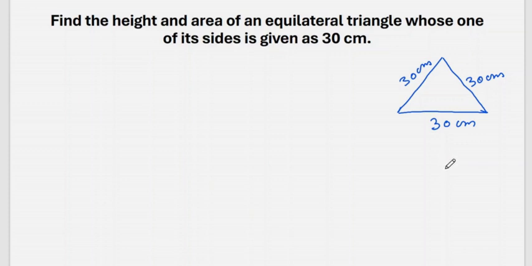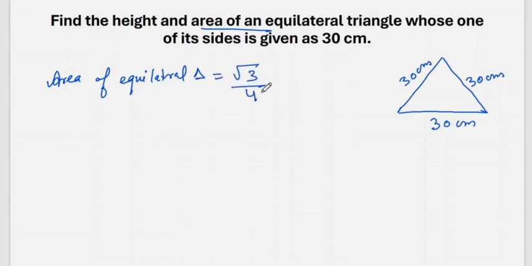Now, the first thing that we are going to find is the area of an equilateral triangle. So what is the area of an equilateral triangle? Area of equilateral triangle equal to root 3 by 4 a square. A is nothing but the side. Okay. So root 3 by 4.